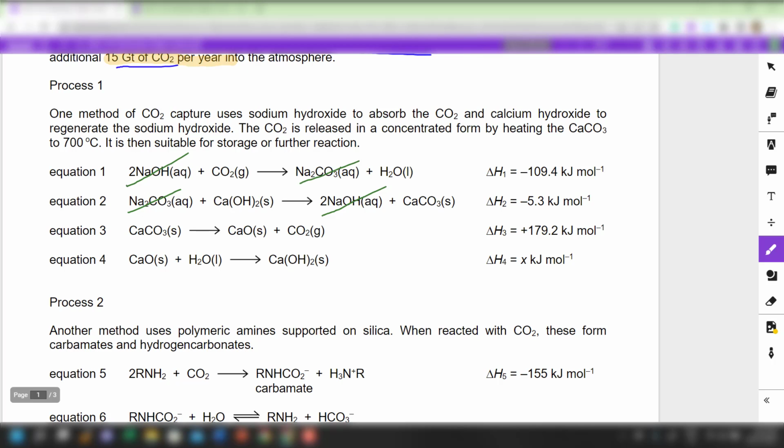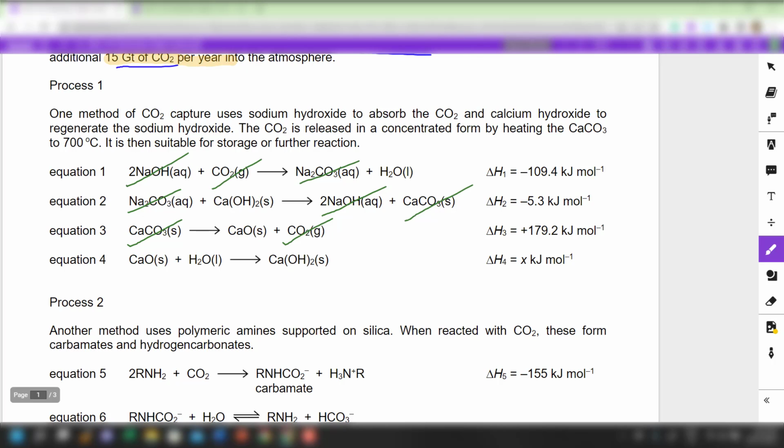Then calcium carbonate will also be cancelled off if we add in equation 3. And of course CO2 will be cancelled off as well.